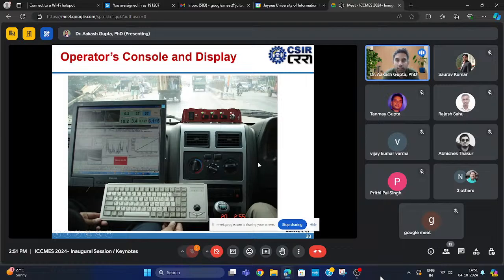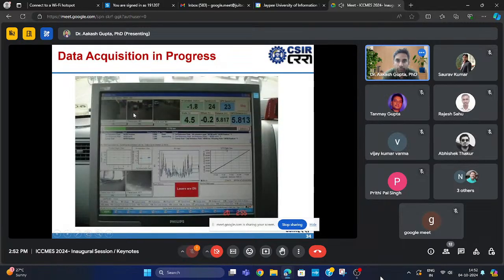On one side the driver seat is there, and on the other side the operator seat. This system is installed at the front desk, and with the help of this keyboard we just have to give the commands, and everything will be shown here. If any one of the components is not working, it will be shown on this screen only. This is the close-up view of the data acquisition system.